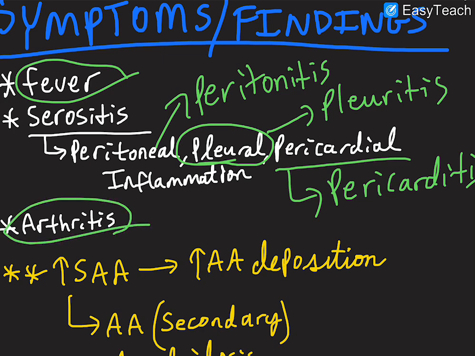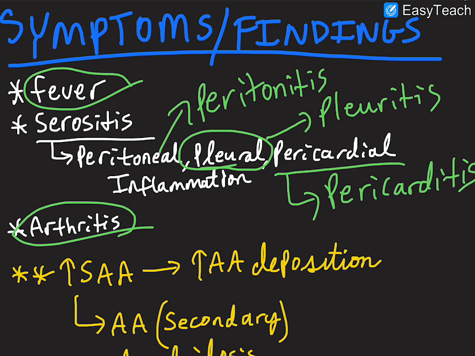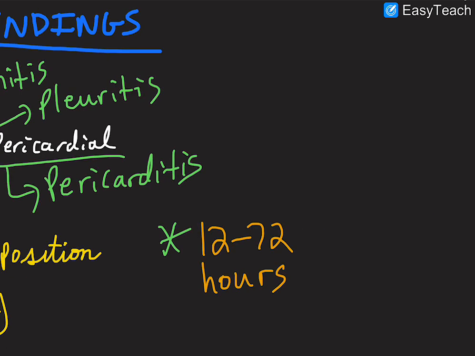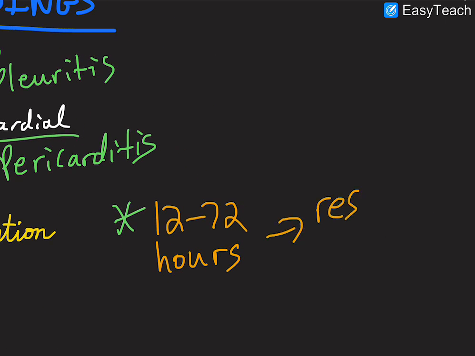Now, it's important to know that familial Mediterranean fever attacks last around 12 to 72 hours, and then they actually resolve completely. But how do these attacks even happen?